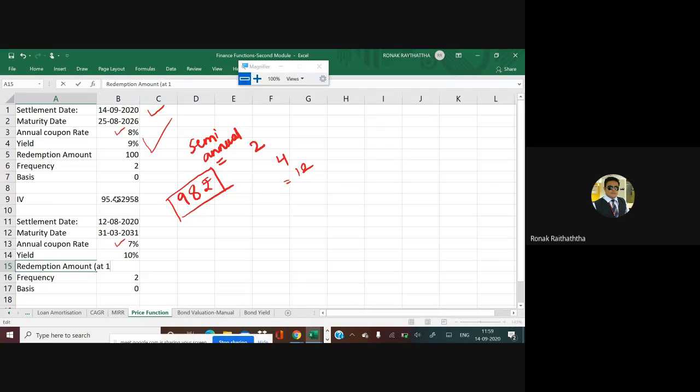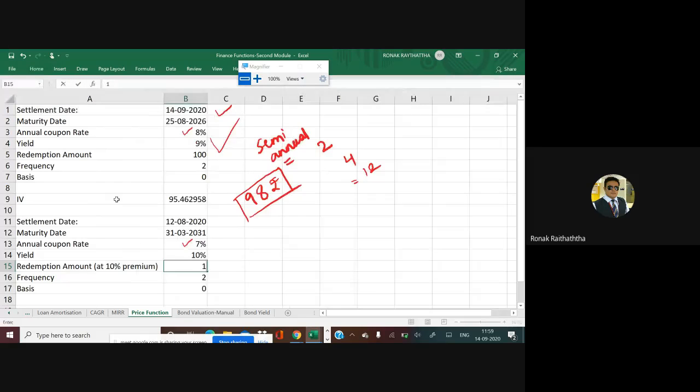That will be 1100. And in this case, you are supposed to assume that the par value is 1000.